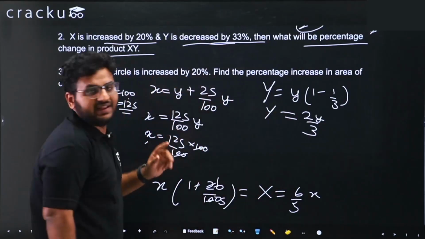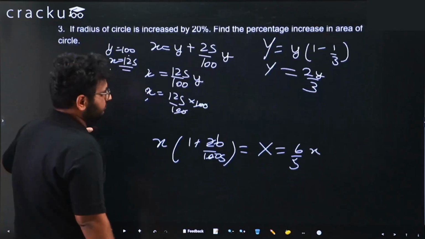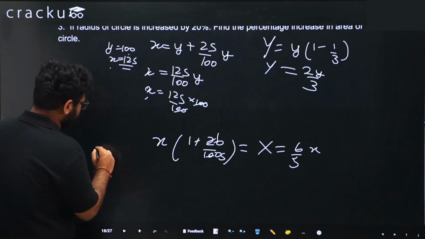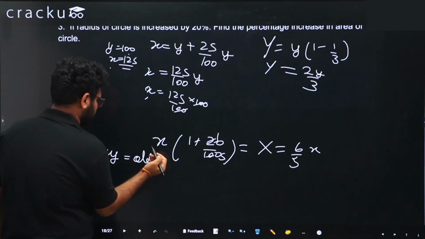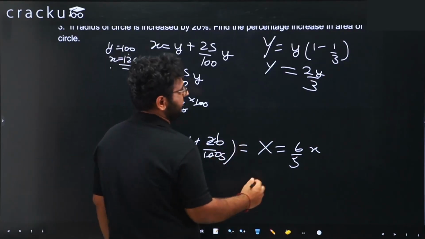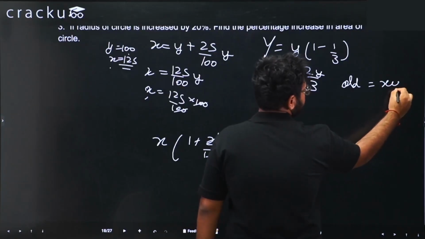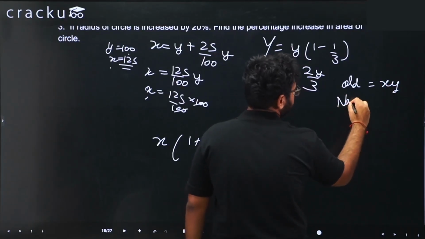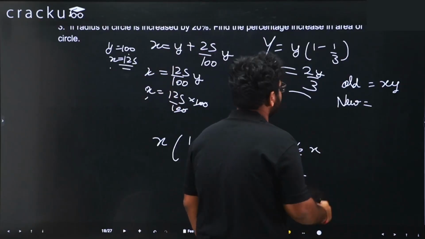So the area is XY. The old area is equal to XY. The new area is 2Y by 3 into 6 by 5 X.